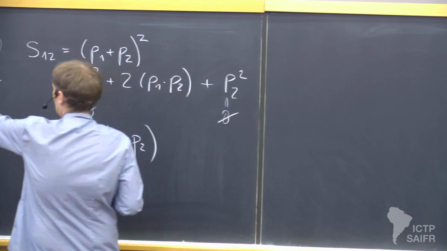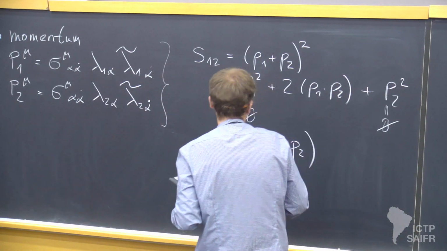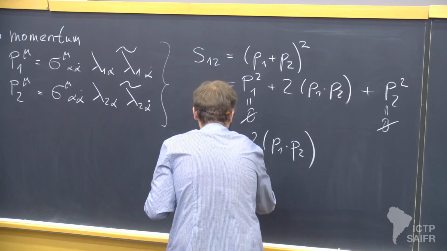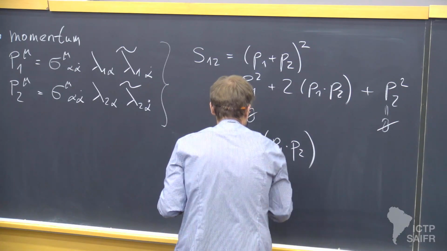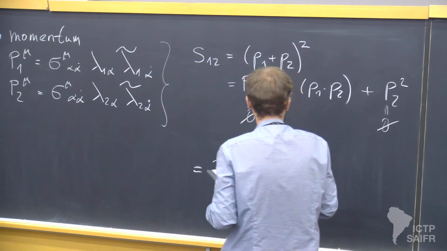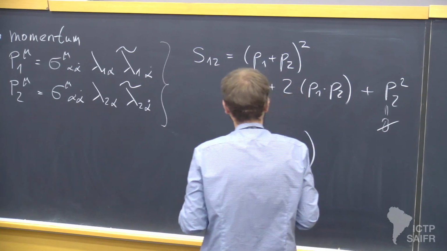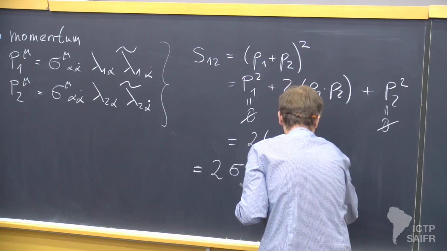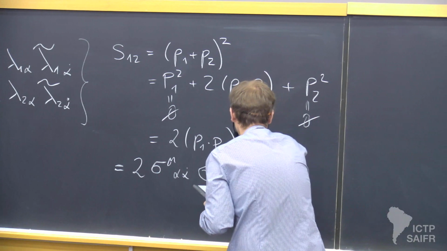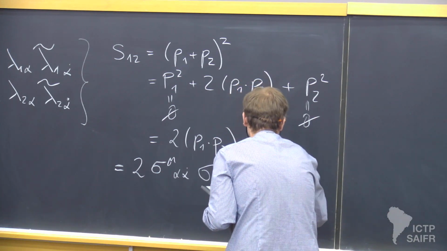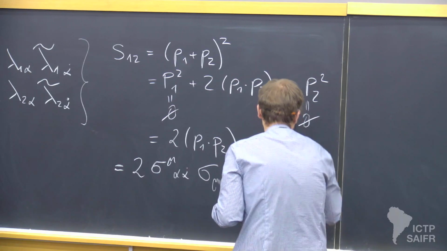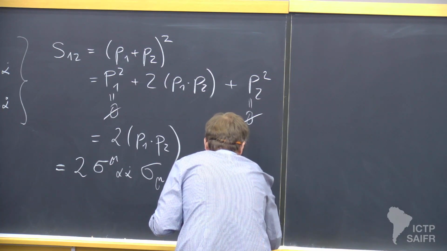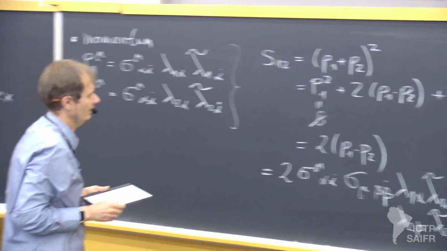Here it's just one expression, but now if we plug for P1 and P2 here, we get 2 times sigma mu alpha alpha dot, and then sigma, now I put mu as a lower index, beta beta dot, and then we get lambda 1 alpha, lambda 1 tilde alpha dot, lambda 2 beta, lambda 2 tilde beta dot.